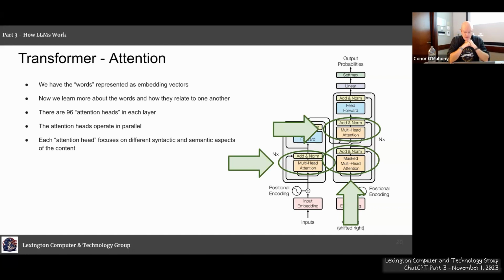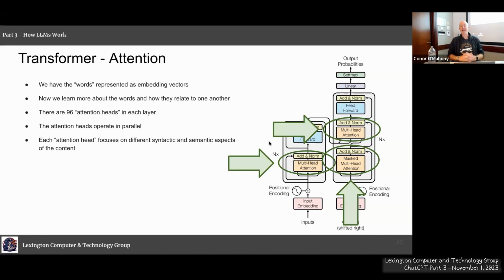Each of these attention parts of the system has what are known as 96 attention heads. So we've got 96 of these that are going to do something. Now, if you look here, you can see a little NX.